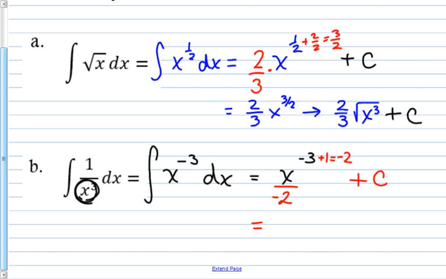So I have -1/2 x squared plus c. Recall, this negative means it's the denominator. The 2 stayed in the bottom. I put the 1/2 up front, no big deal, and then plus c.